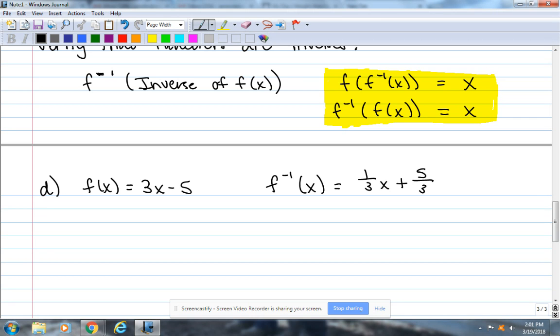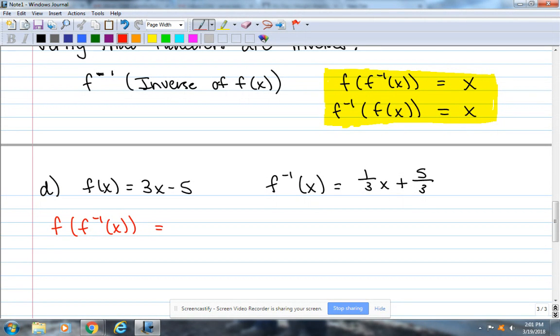So I'm going to take f of f inverse. Do it red. So remember when we do function composition, we work our way from the inside out, right? We take the one on the inside and put it in the one on the outside, in for the x value.